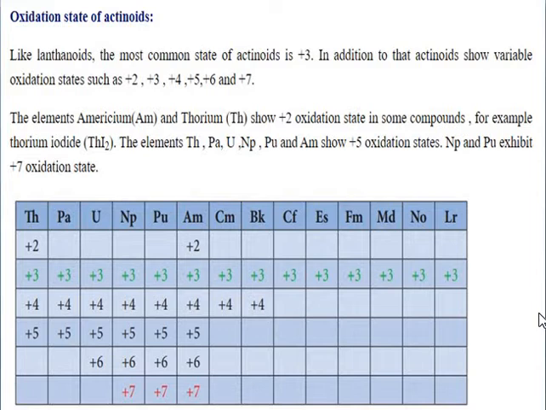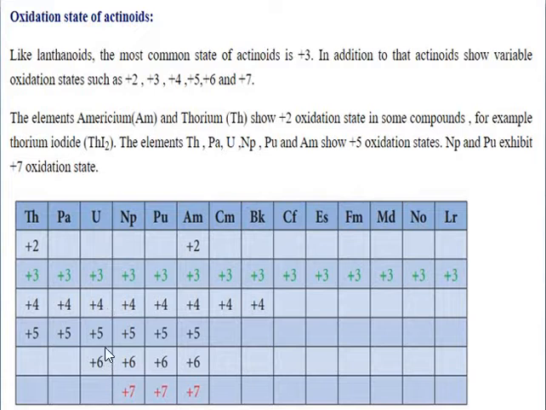And just like the first transition elements, where a triangle is obtained in their oxidation states from scandium to manganese and manganese again to copper, in a similar way the oxidation states of actinoids show a triangle from thorium to plutonium and again from plutonium to californium or up to berkelium, and this shows +7 oxidation states in the case of plutonium and neptunium.